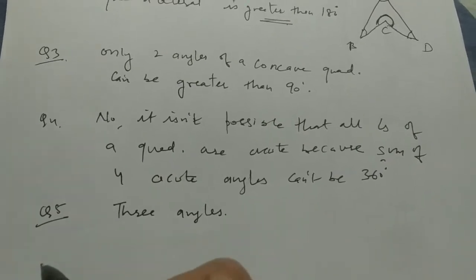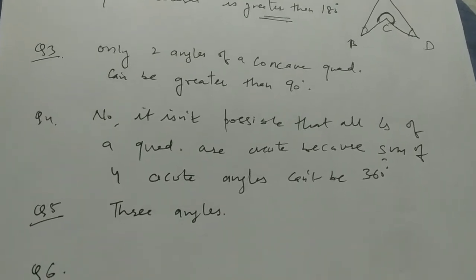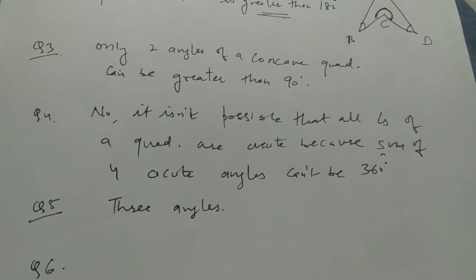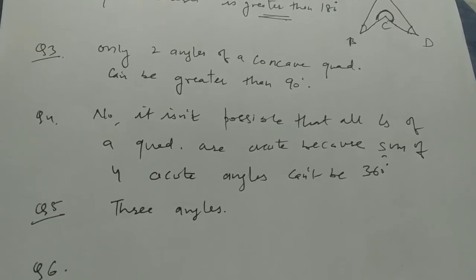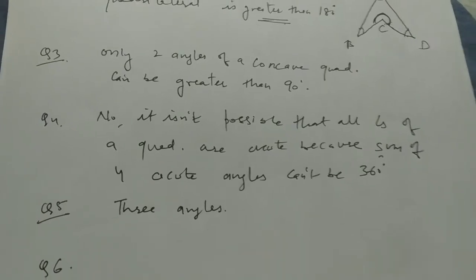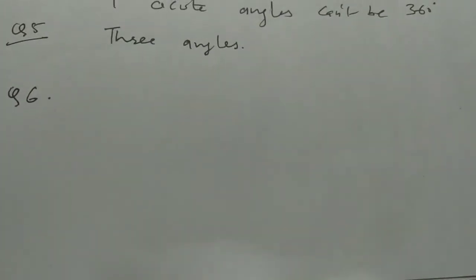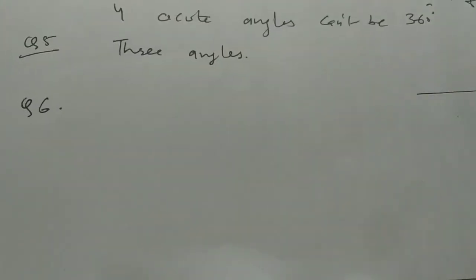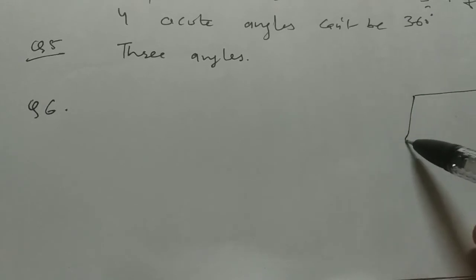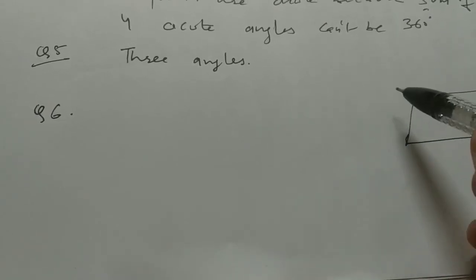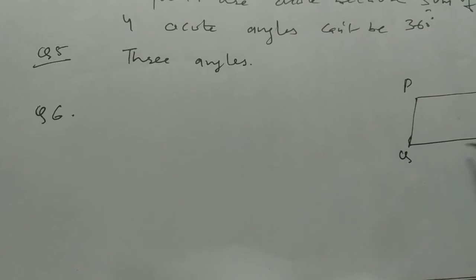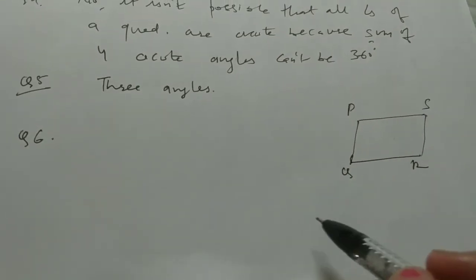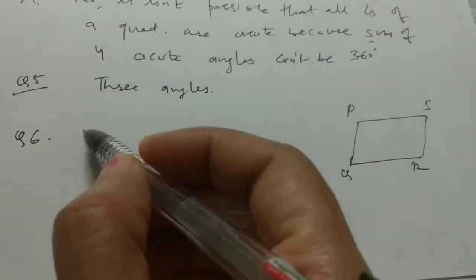Now come to the question number 6. So question number 6 says in a quadrilateral PQRS, angle P equal to angle Q and angle R equal to angle S. Also angle P is double of angle R. Find all the 4 angles. So how would we do this? First of all, we will be making our figure. Take it as a quadrilateral P, Q, R and S. So here what is given?